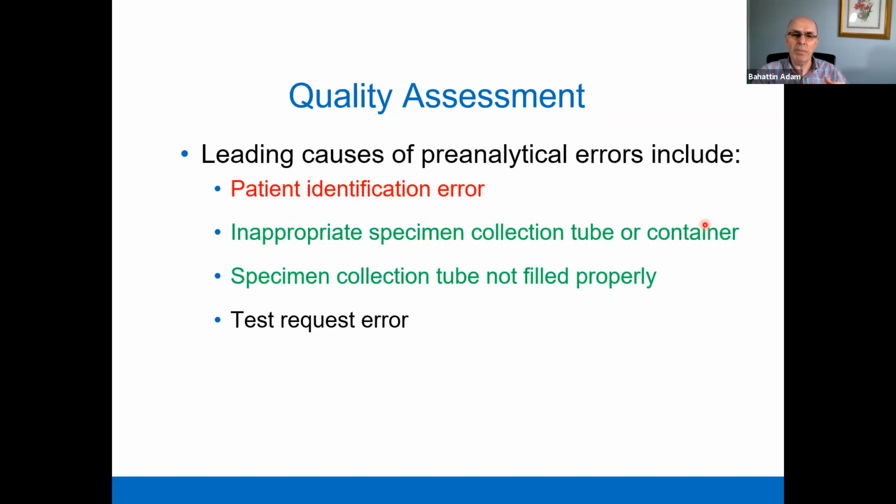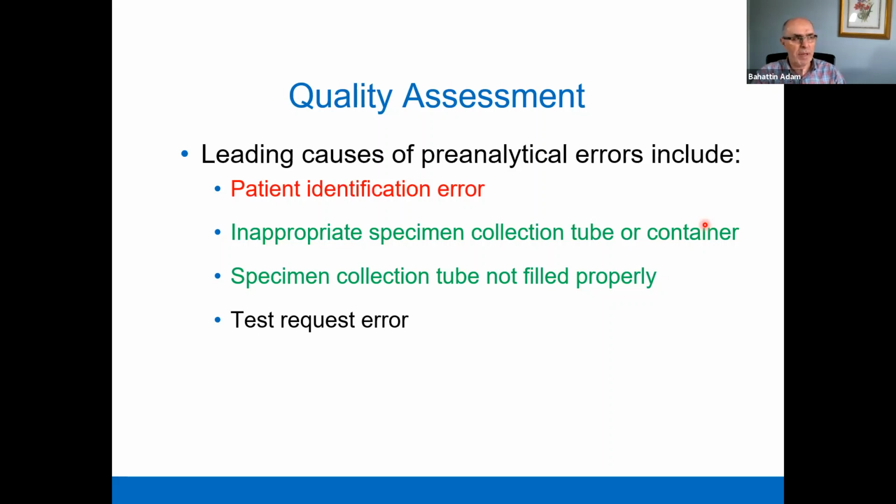Each tube may include anticoagulants or additives. I'm going to discuss that in these lectures. And a specimen collection tube not filled properly is another pre-analytical error.